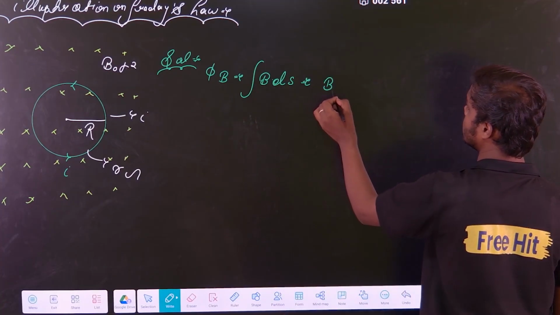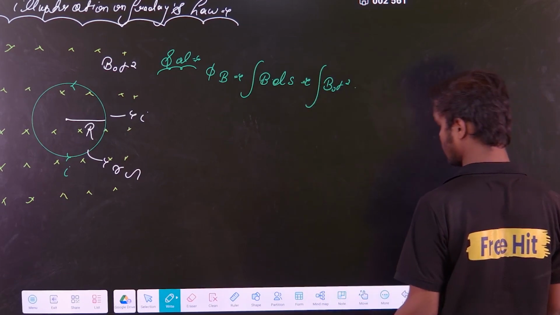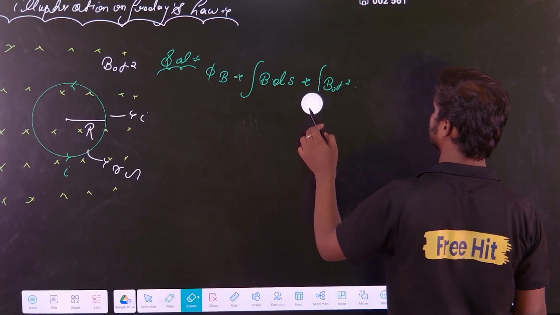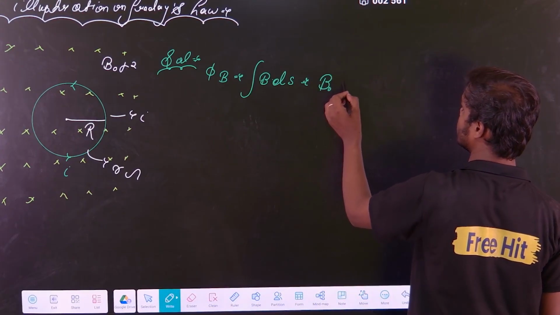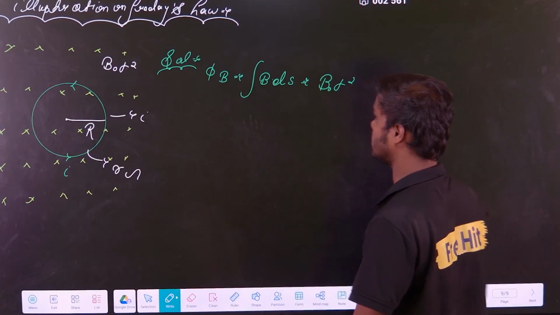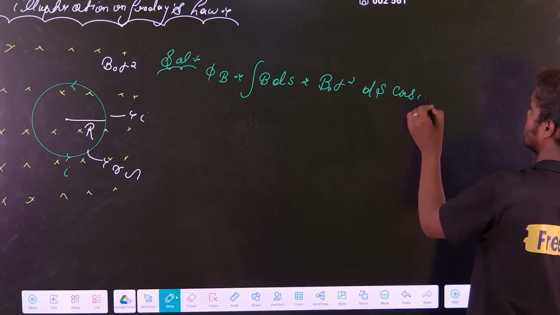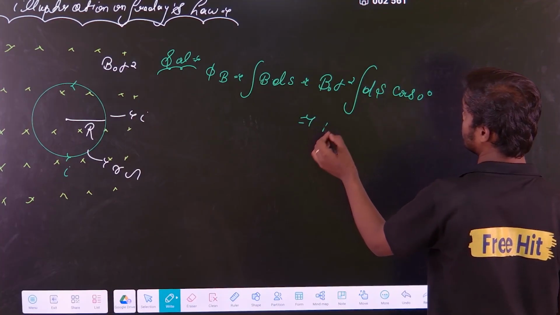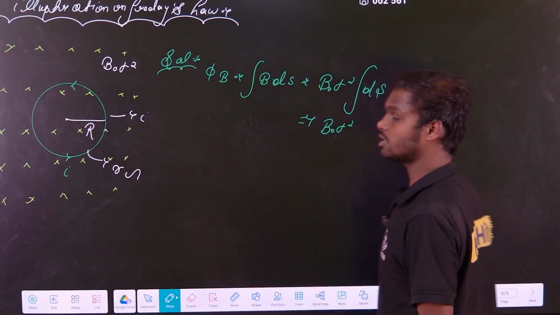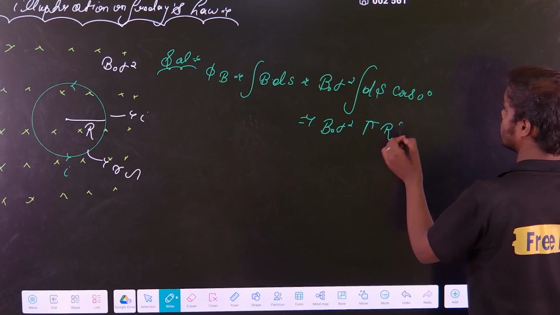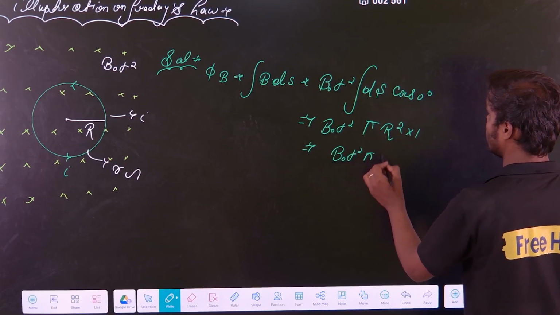The magnetic field is B0 t squared. dS is the area vector, and the magnetic field is not a function of distance, so B dot dS is cos 0 degree, and this becomes B0 t squared integral of dS. The integration of dS over this surface is pi r squared. So this is B0 t squared pi r squared.